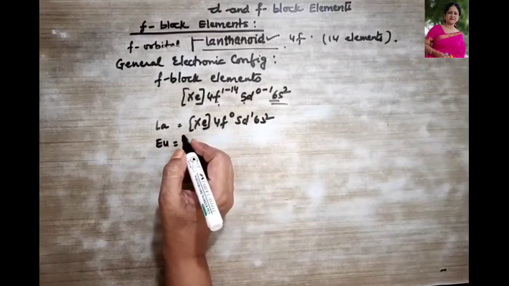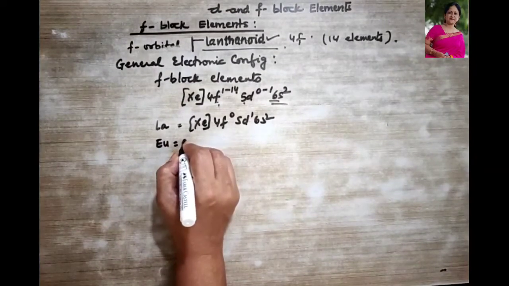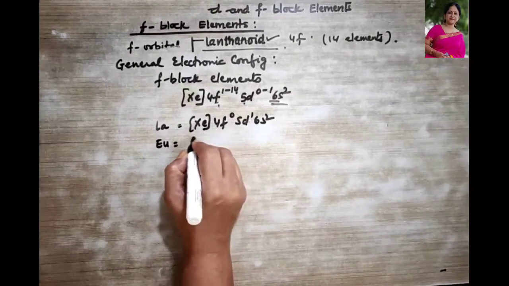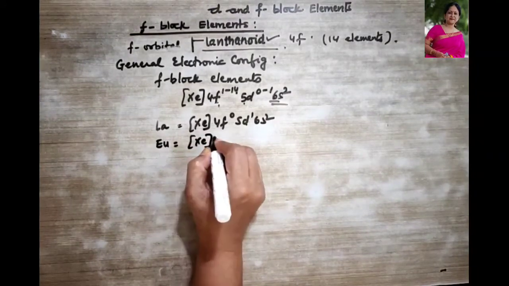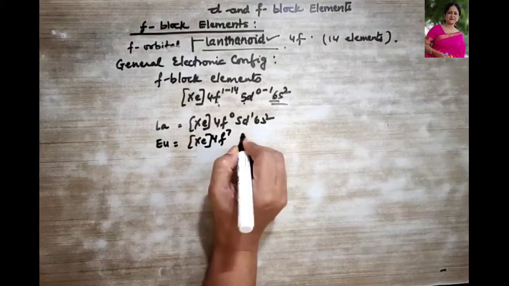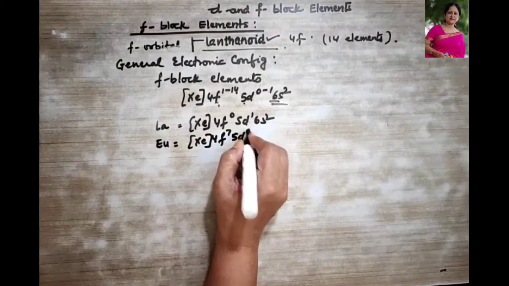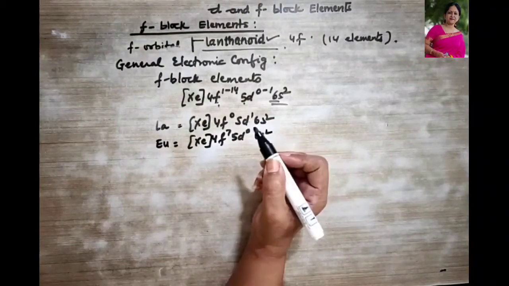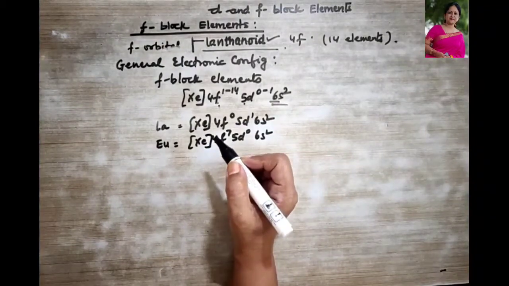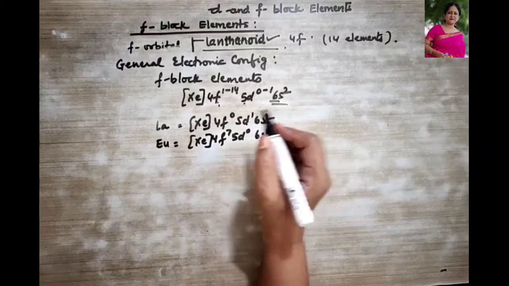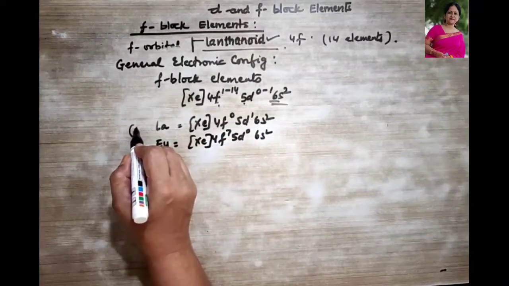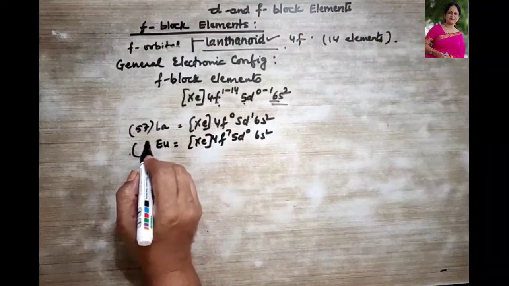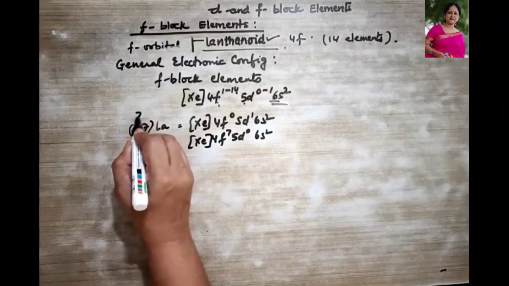Europium with atomic number 63, where we will find xenon 4f7 5d0 6s2, right? So over here you will see that lanthanum's atomic number is 57, and that of europium is 63, right?